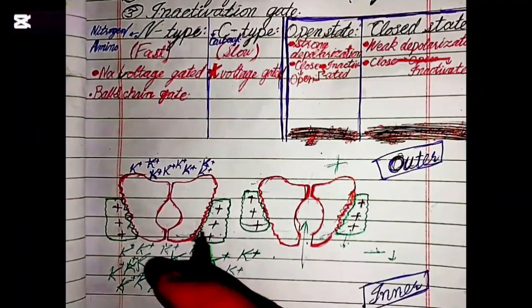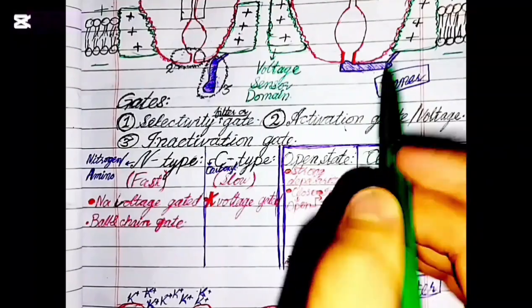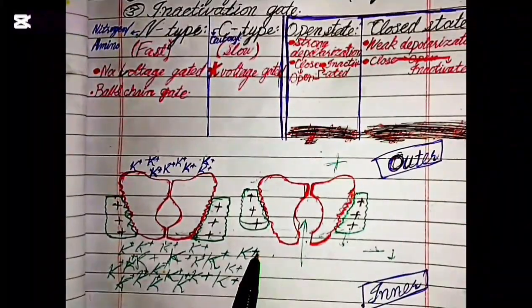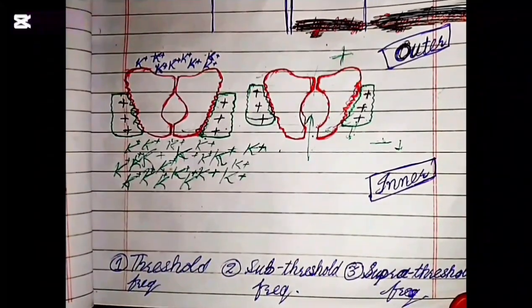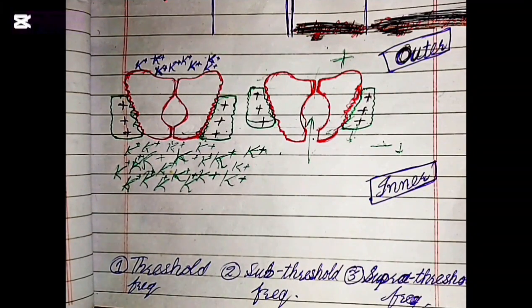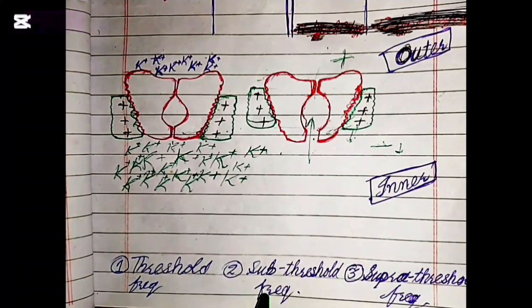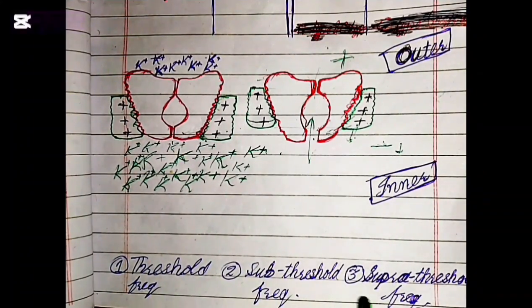So in N-type, the inactivation gate closed directly before repolarization, and here the activation gate closed after repolarization. Here is one concept which I think is important: threshold frequency. You all know what threshold frequency is. It is the minimum frequency at which the activation gate opens. Subthreshold is lower than threshold, at which the activation gate doesn't open, and suprathreshold is much higher than threshold.